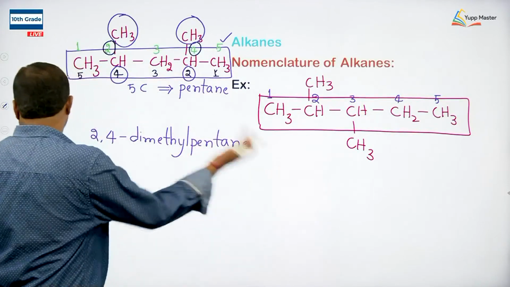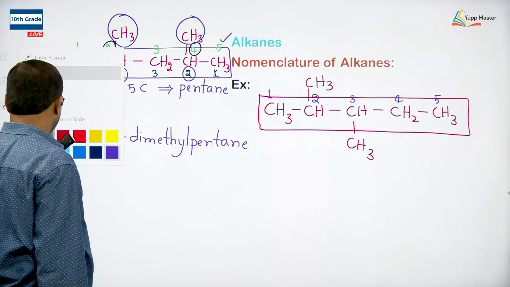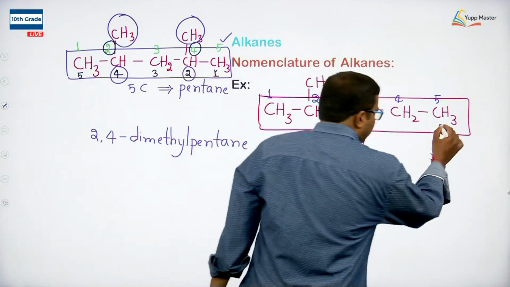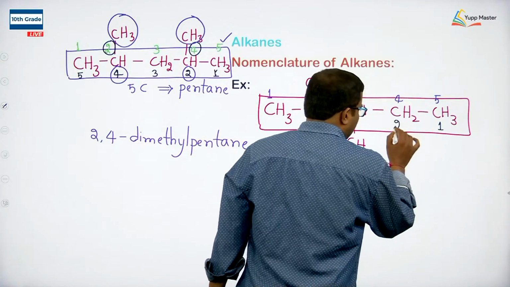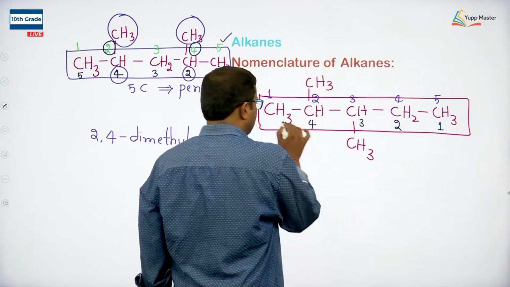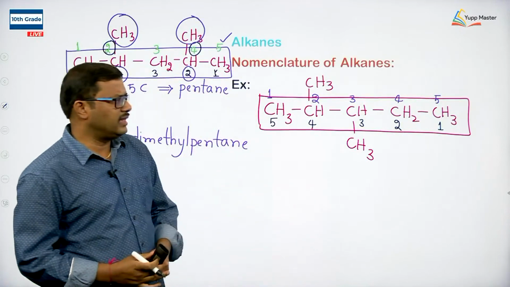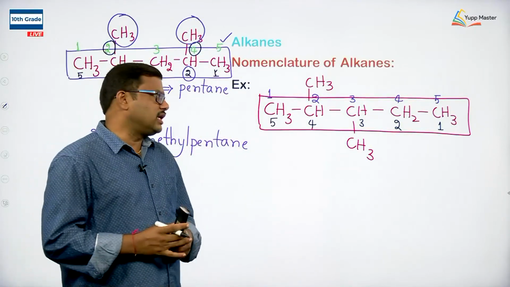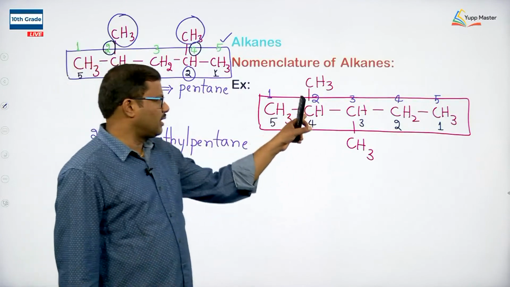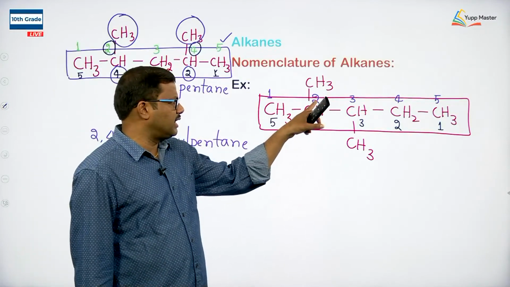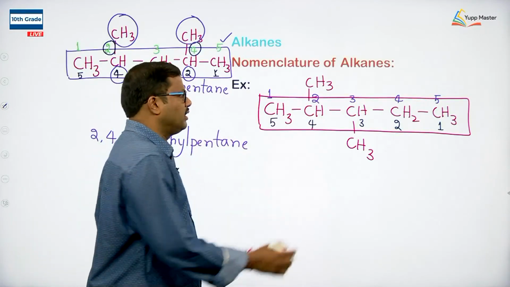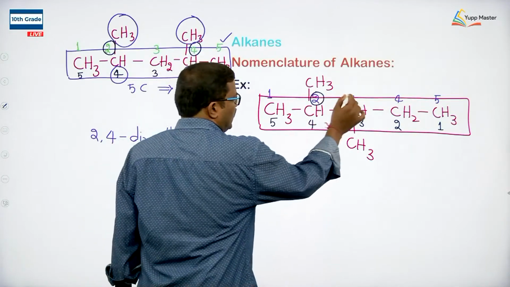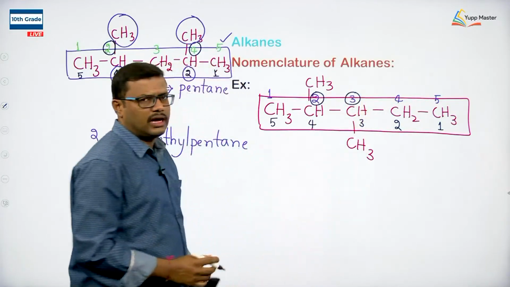So if I am coming in the opposite direction, in that case this carbon gets the first priority, second one, third, fourth and fifth. So I have numbered in either direction. But if you observe the substitution, when we are moving from left to right, I am getting 2 and 3 for the substituted carbon atoms.